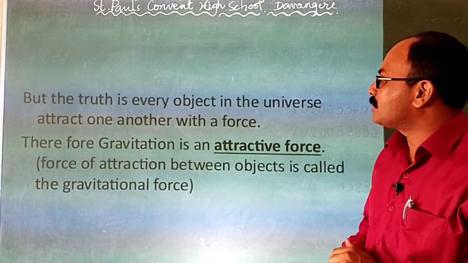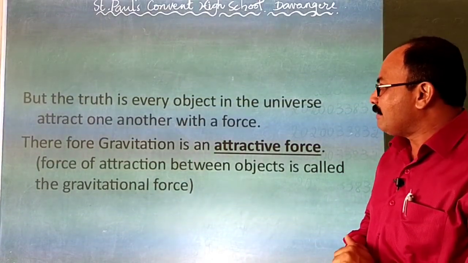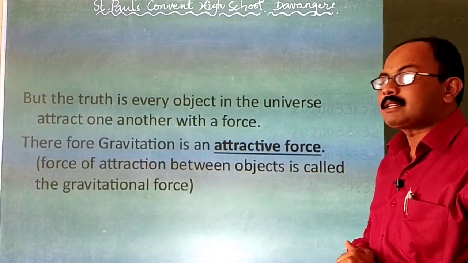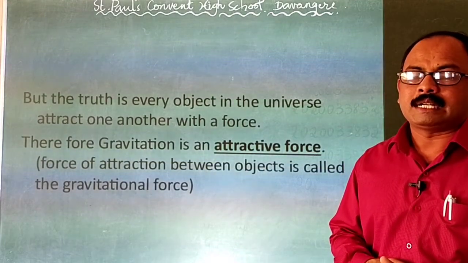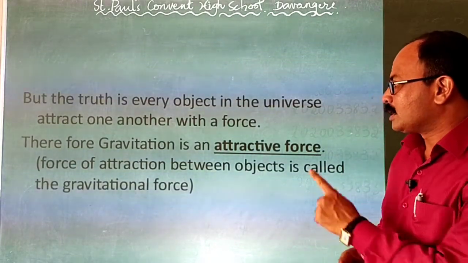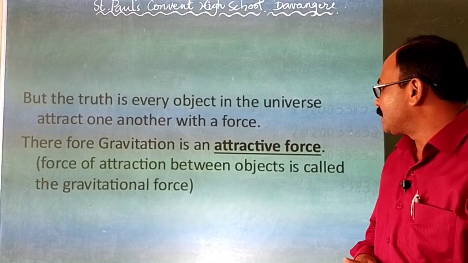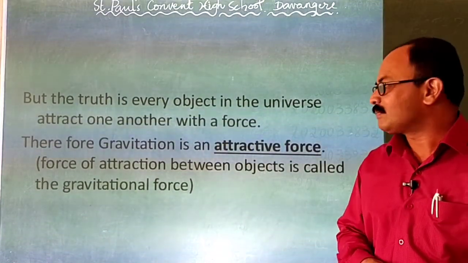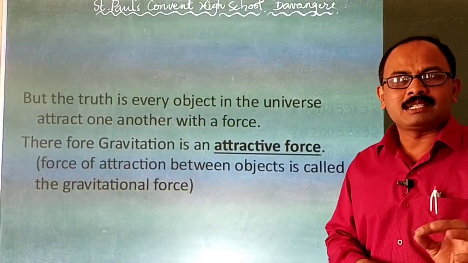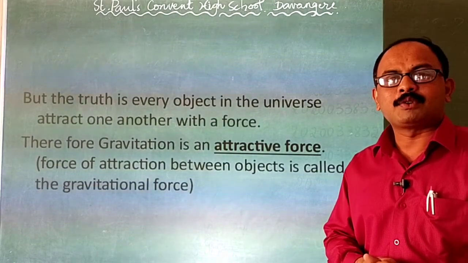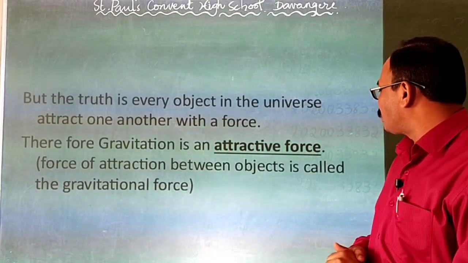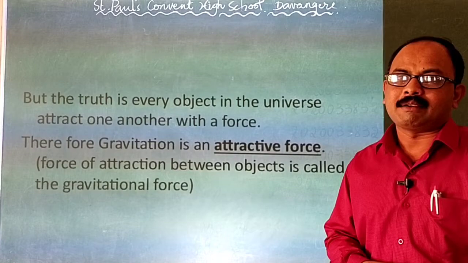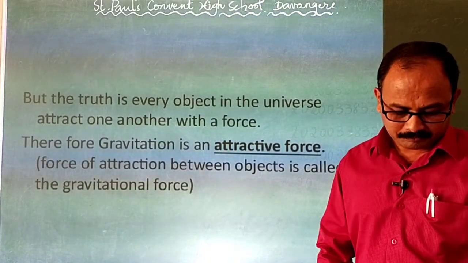Therefore, gravitation is an attractive force. The force of attraction between objects is called gravitational force. Simplest definition: the force of attraction between any two objects is called gravitational force.